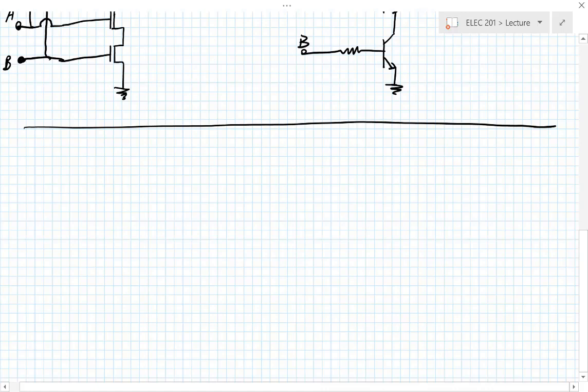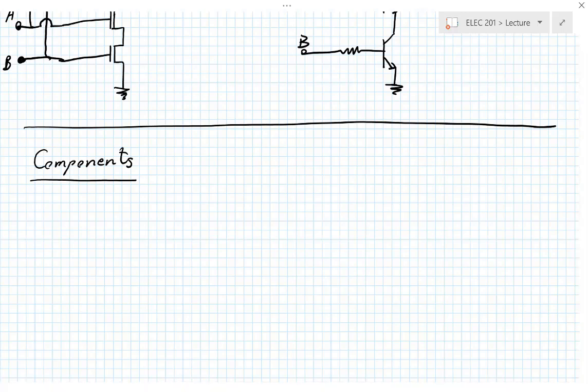So I want to start by talking about circuit elements, the components that we'll be working with. Some of them you might call devices or circuit elements.